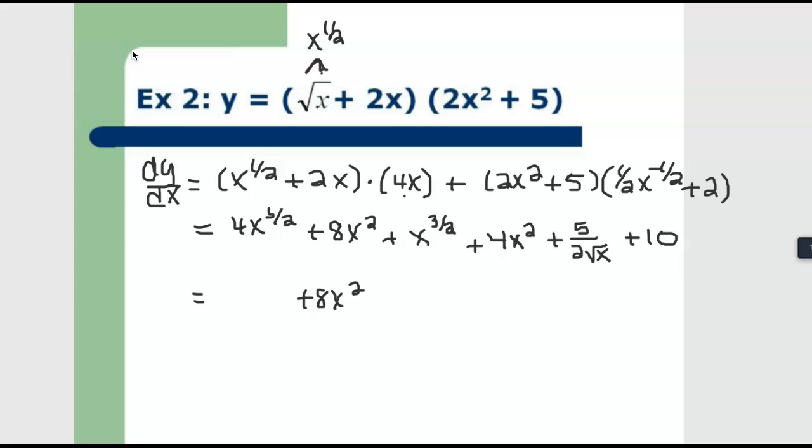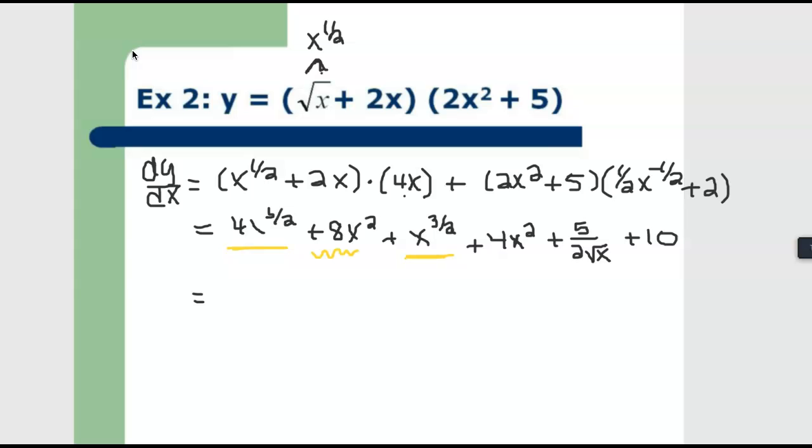So here, when you're simplifying or getting down to your final answers, and I'm just erasing that for purpose of space, we have x to the 3/2, which is a like term with 4x to the 3/2.